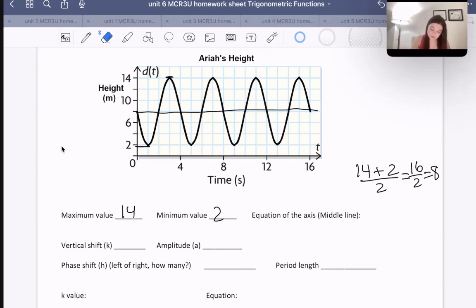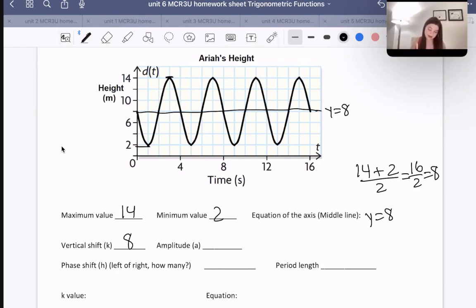And the full equation of the line would be y equals 8, right? It's this whole line. Y equals 8 is our middle line or our midline. Then we have our vertical shift. So how much did we go up or down? Well, we went up by 8, right? Our middle line normally would be at 0. Here it's at 8, so we went up by 8.